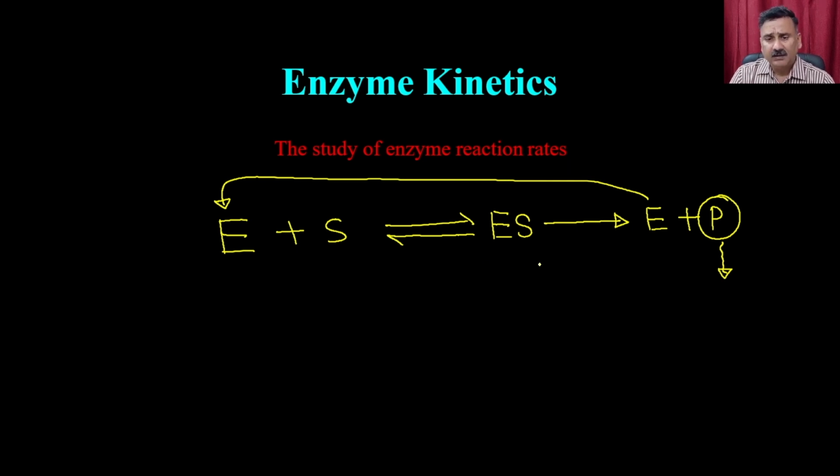Now, the major question in enzyme kinetics: imagine the enzyme is interacting with the substrate with a rate constant of K1, forming the ES. The breakdown of this ES is denoted by K minus 1, the rate constant for ES breakdown into E plus S. Whereas K2 is the rate constant for the conversion of ES into the enzyme plus product.